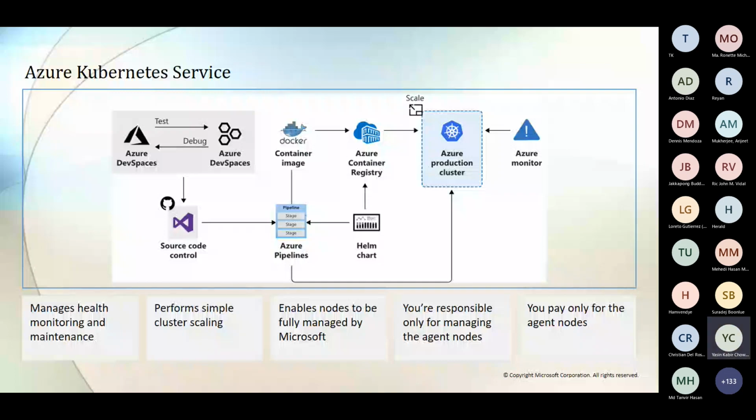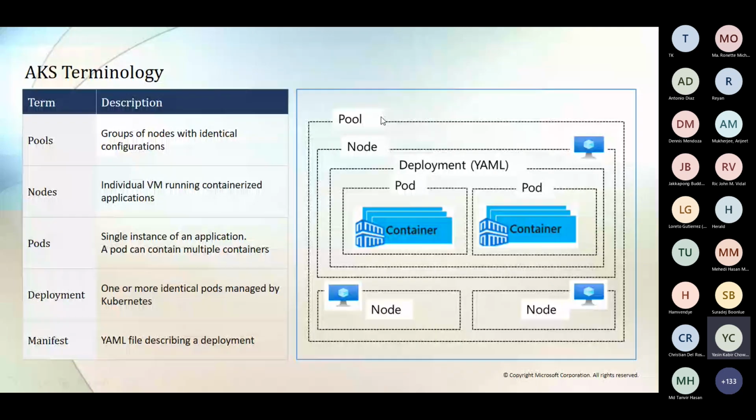Pools. Here are some pools. What is there in the architecture or terminology of Kubernetes? This is a pool. What is a pool? A group of nodes with identical configuration. In the pool, there is a group of nodes. Nodes means individual VMs running containerized applications. Every VM is running container applications. Pods. A pod is a single instance of an application. A pod can contain multiple containers.